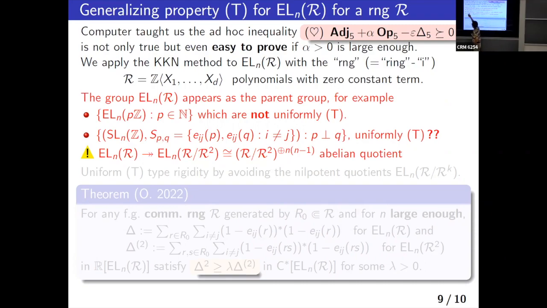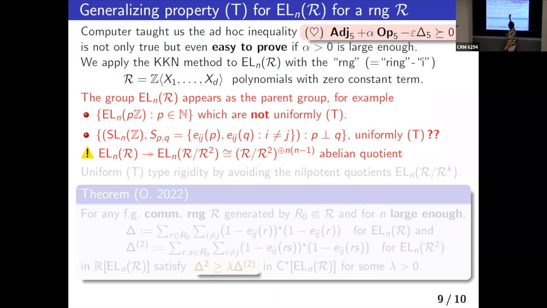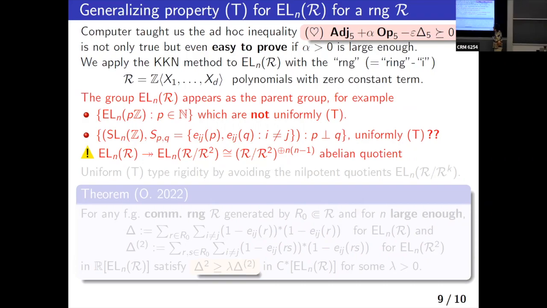Or otherwise, SL_N(Z), N fixed again, but the generating sets are S_{p,q}: E_ij(p), with ones on the diagonal and p only in the ij position, and E_ij(q), with ones on the diagonal and q in the ij position, and p, q coprime, then it obviously generates SL_N(Z). Whether the Kazhdan constant is uniform when p and q vary is, surprisingly, not known.